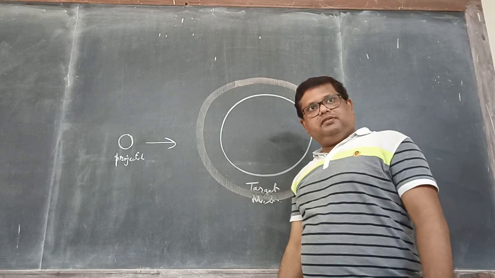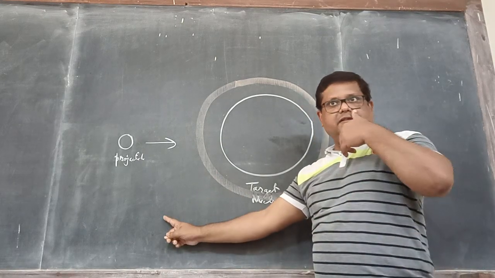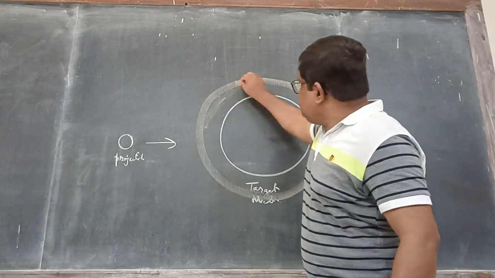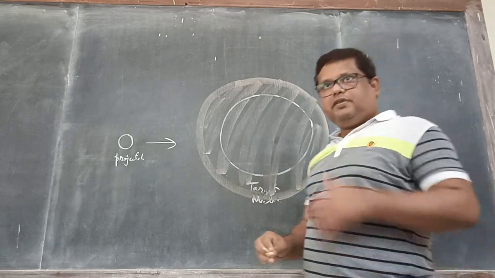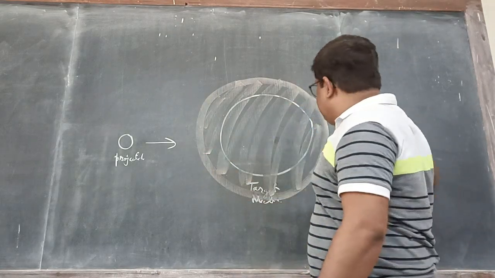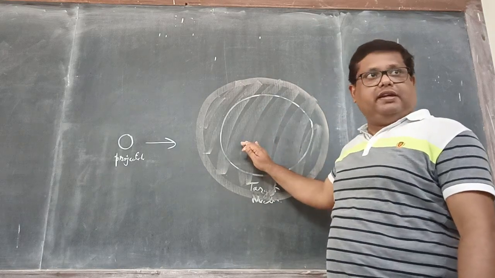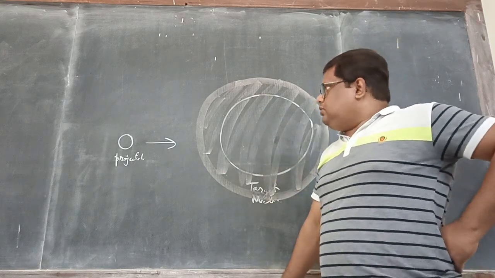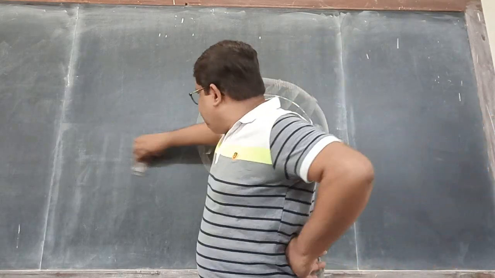Outside is electromagnetic interaction. Inside this range there is strong interaction prevalent, and inside there is not only strong but also electromagnetic interaction.